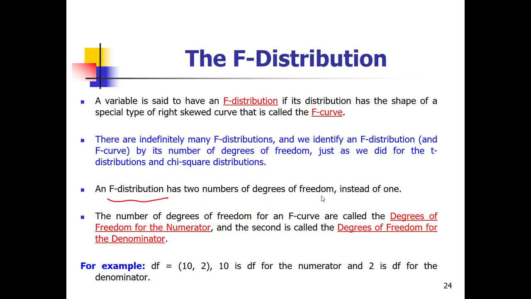The F distribution has 2 degrees of freedom: the first degree of freedom, or degree of freedom of the numerator, and the second degree of freedom, or degree of freedom of the denominator. We show it this way: df, degrees of freedom, 10 and 2. So 10 is the degree of freedom of the numerator, and 2 is the degree of freedom of the denominator.